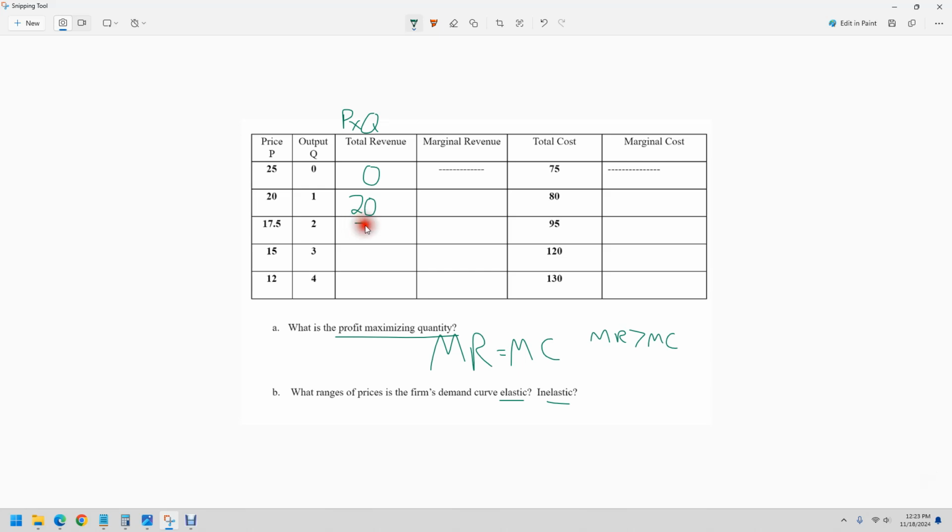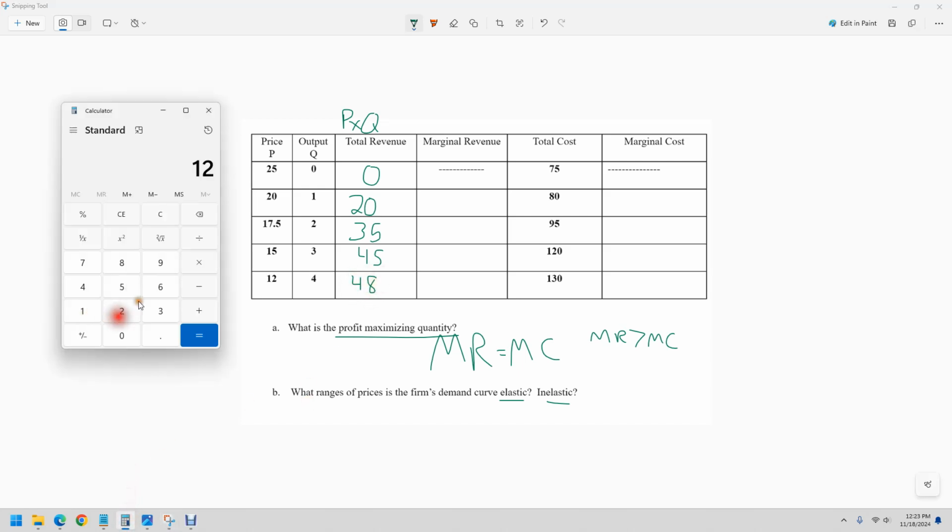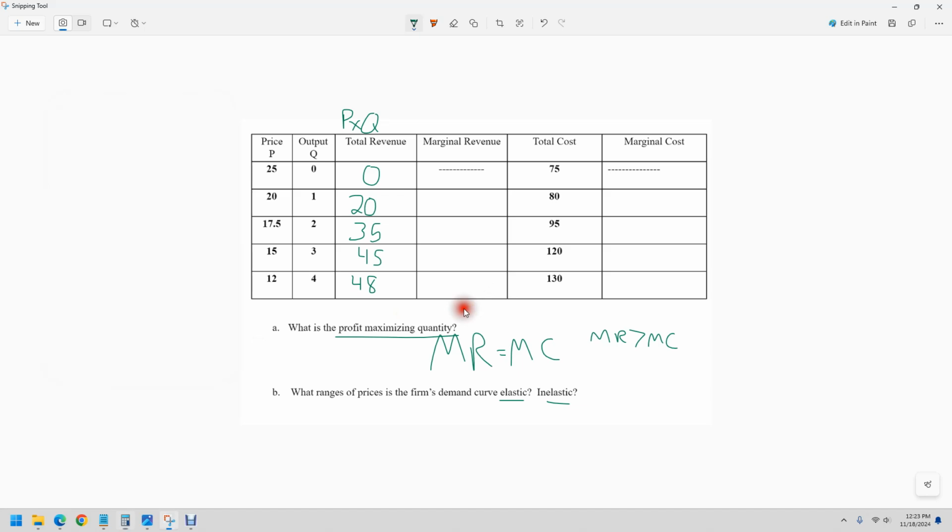What is that? 35, and 45, and 48. And just to make sure I put it in right there on the video, 17 and a half times 2 is 35. Still got it.